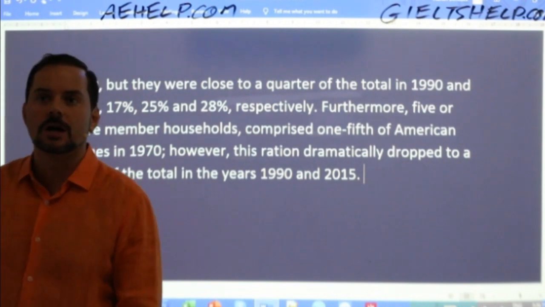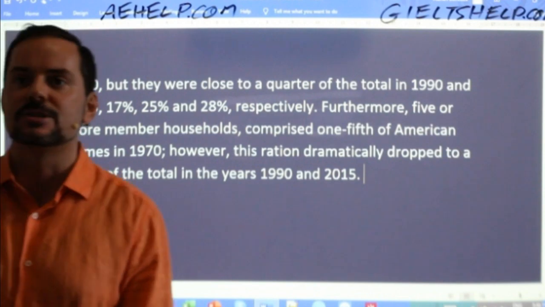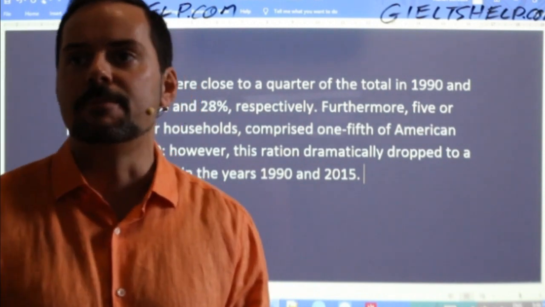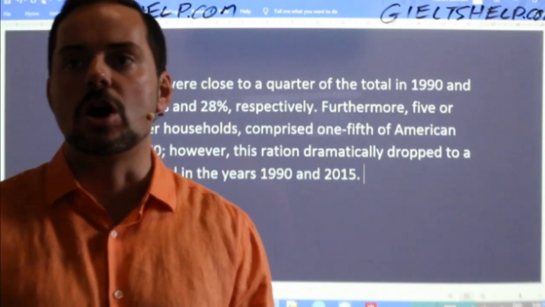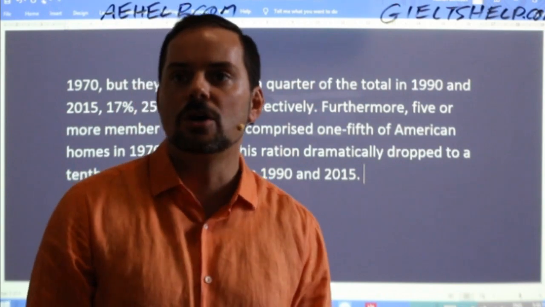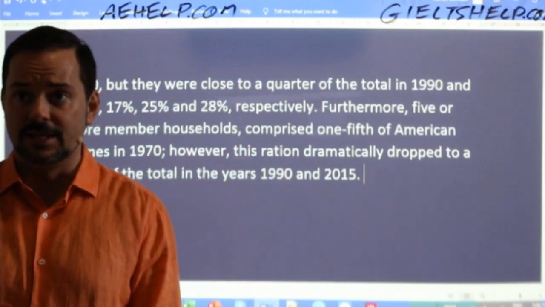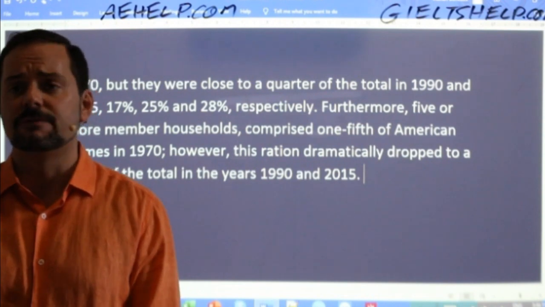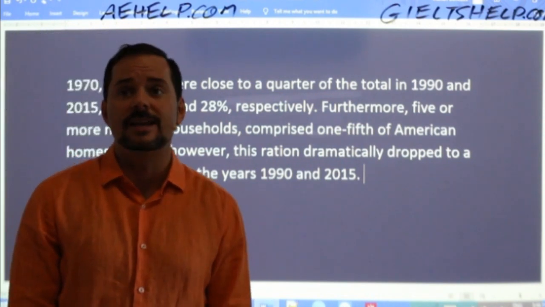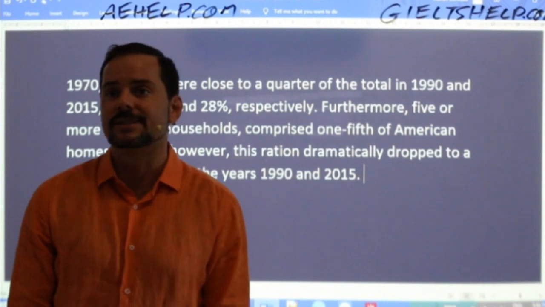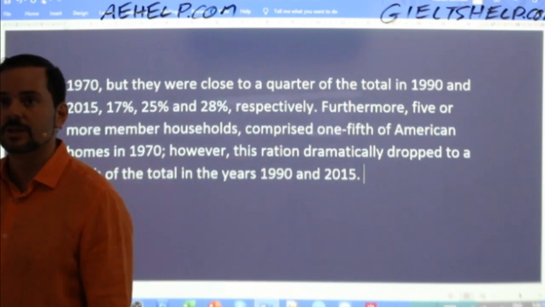So Charlie says the percentage of households that had more than 5-person occupancy is close to 1/5 in 1970, but in both 1990 and 2015, it's decreased to 1/10. It has decreased to 1/10.